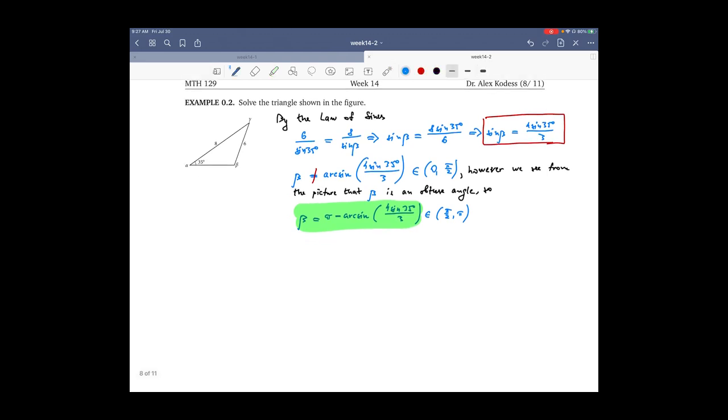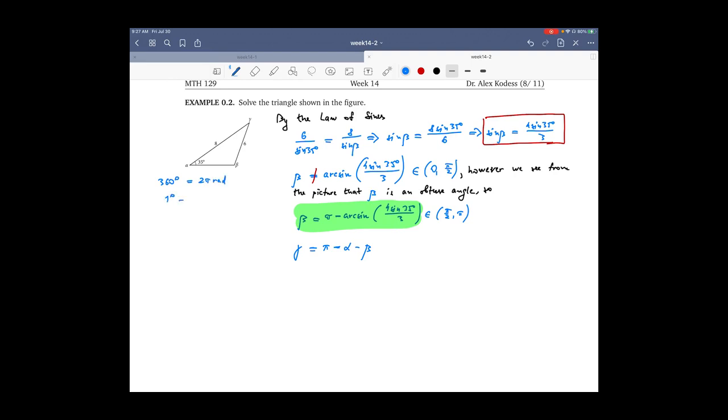Of course, then gamma is simply pi minus alpha minus beta, and we can write alpha in radians. So alpha is 35 degrees. Remember, 360 degrees is 2 pi radians.